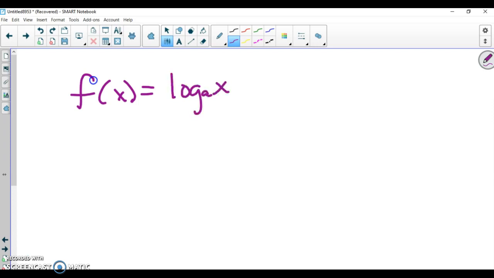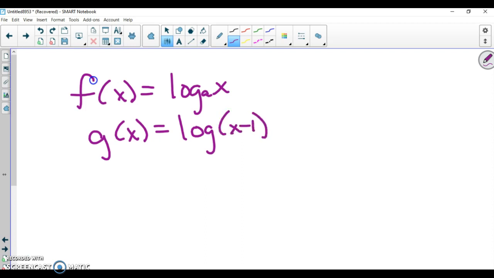We have seen transformation properties. I want you to look quickly at example 6. It says we have g of x equaling log base 10. We don't have to write it unless it's different from that. Minus 1. This is the parent function f of x minus 1, and we know that looks just like x minus h.